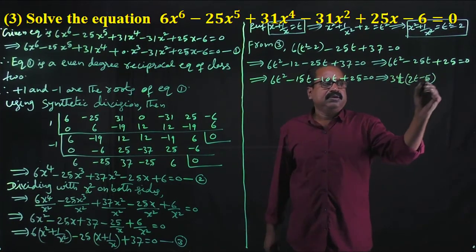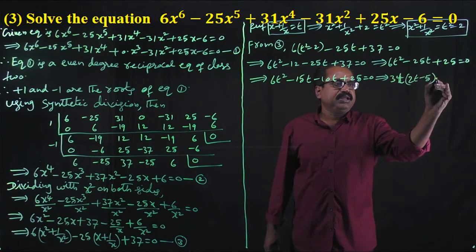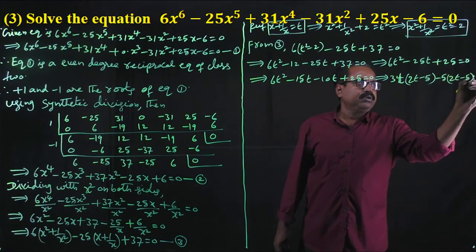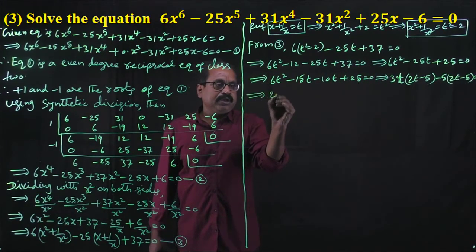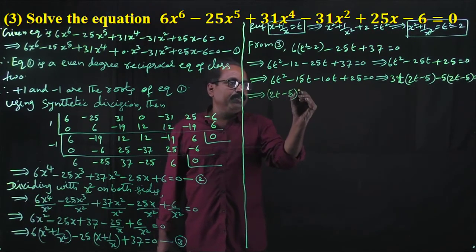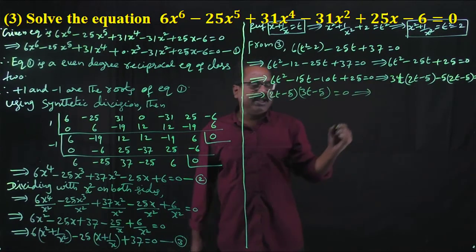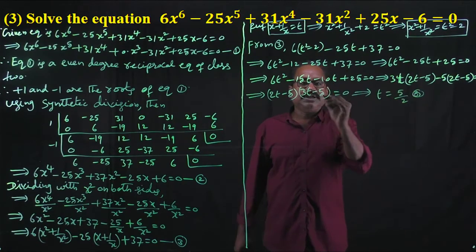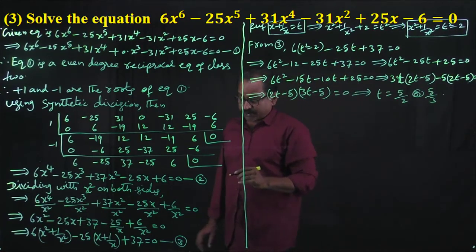Here minus 5 is a common factor: minus 5 into 2t minus 5. So 2t minus 5 into 3t minus 5 is equal to 0. This implies t is equal to 5 by 2 or t is equal to 5 by 3.